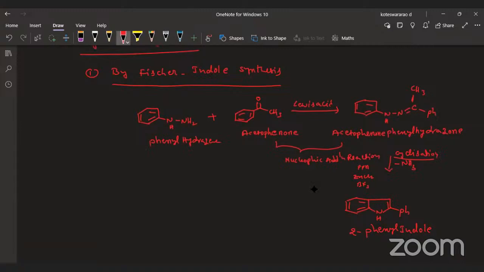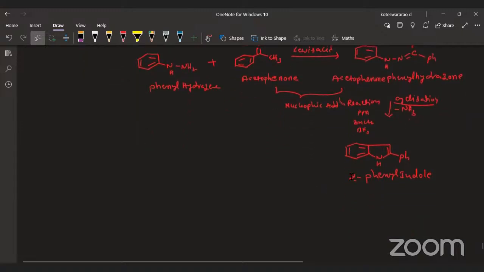Here it undergoes elimination of an ammonia molecule, leading to formation of 2-phenyl indole. This reaction is known as the Fischer-indole synthesis.